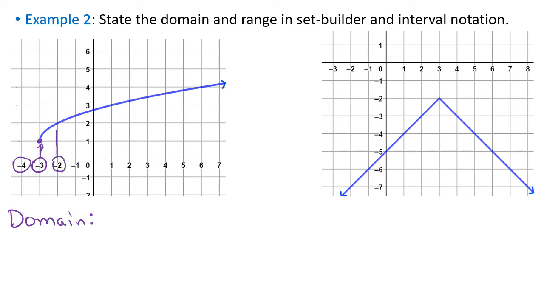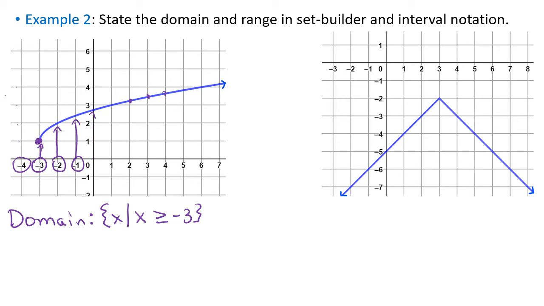At negative 2, we see a point on the line. Negative 1, a point on the line. 0, point on the line, and so on and so on. As we continue to increase the x's, we can see there's points making this line. Therefore, our domain is x is greater than or equal to negative 3. Now we're putting the equal to because there's actually a point at negative 3 for the x.